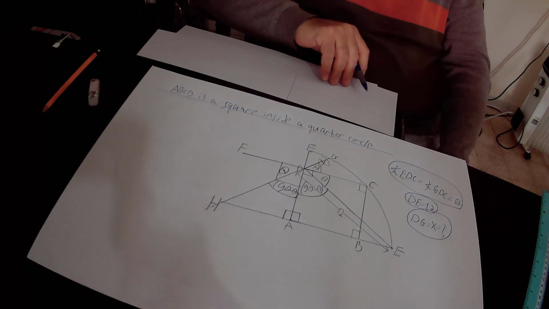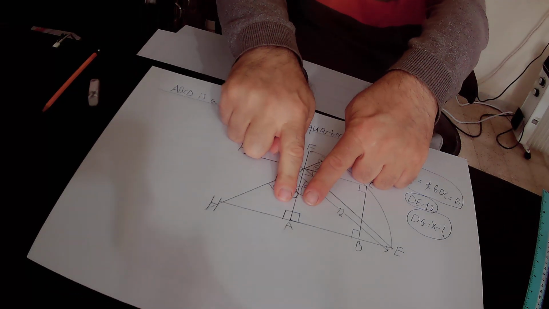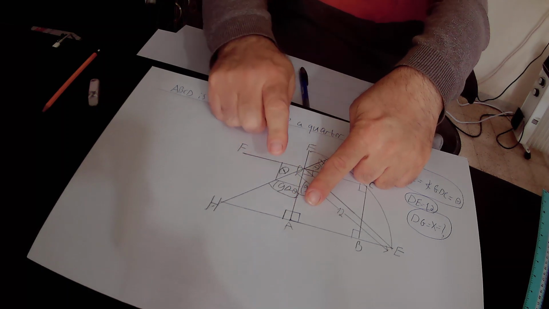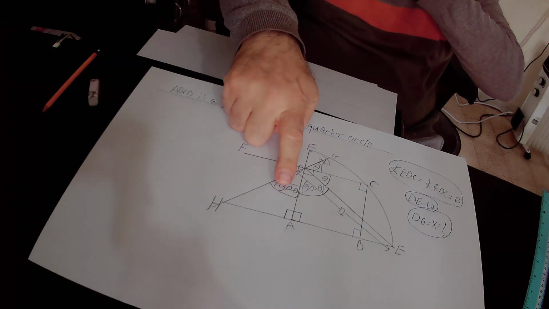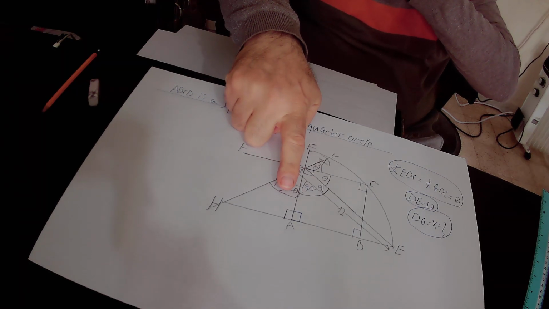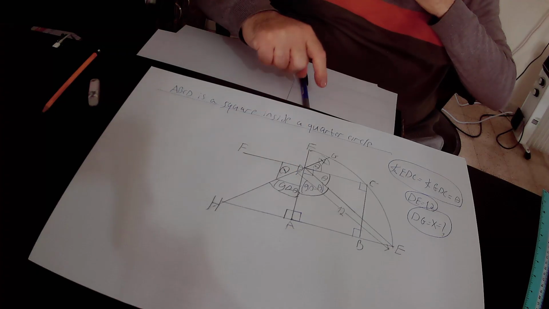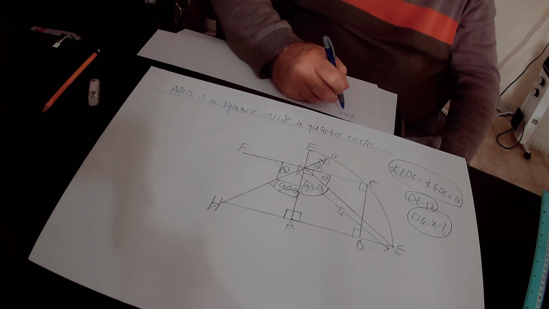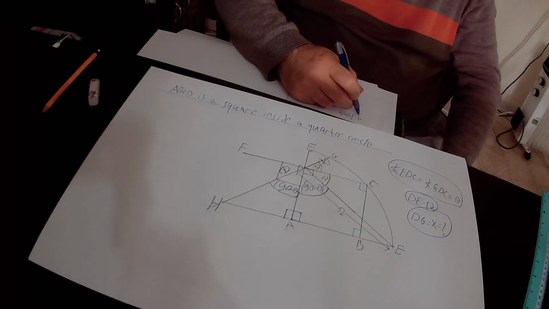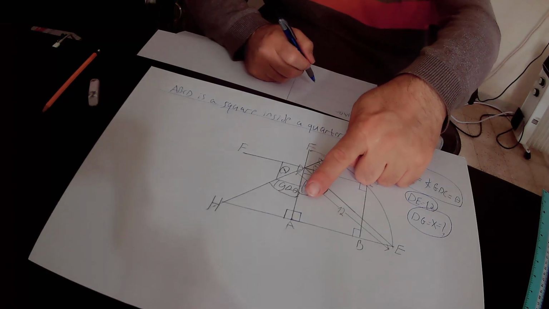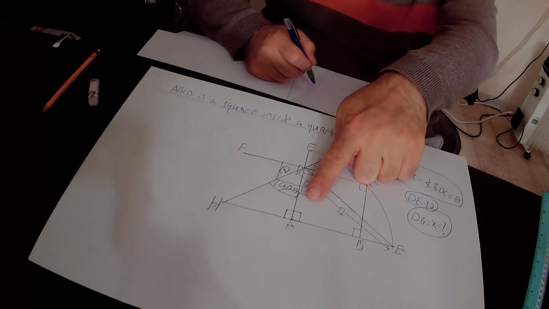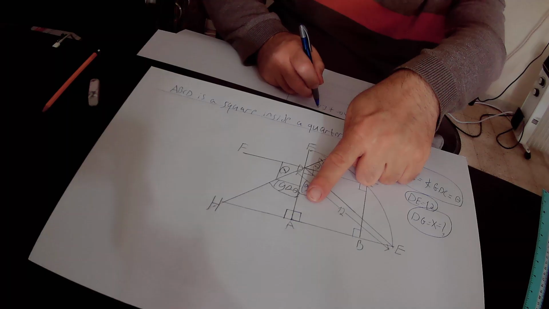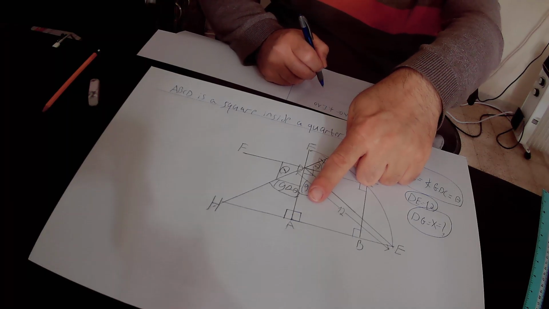And finally, those two angles are both right angles, therefore they are equal to each other. So actually, this is angle HAD in the right triangle ADH, and it is equal to this angle, which is actually angle EAD in the right triangle ADE.